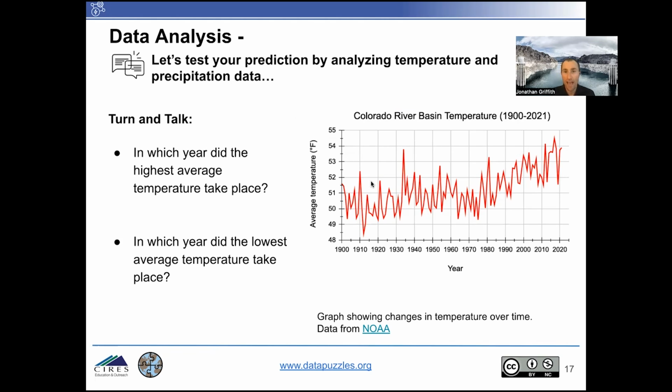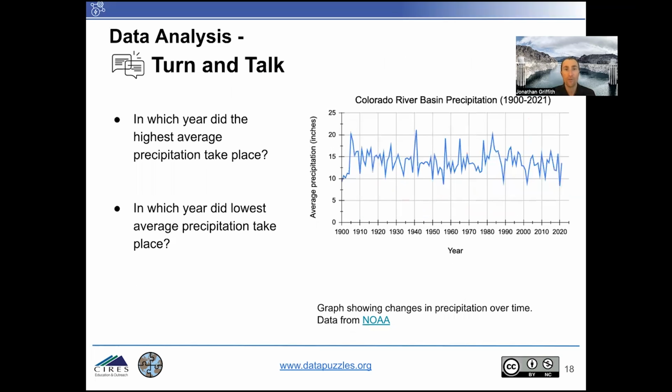By doing that, you're keying students in on certain aspects of the graph: high temperature being more recent, cooler or lower temperatures being over 100 years ago. So you're prepping students to identify that increasing trend that we see in temperature over the last 120 plus years.